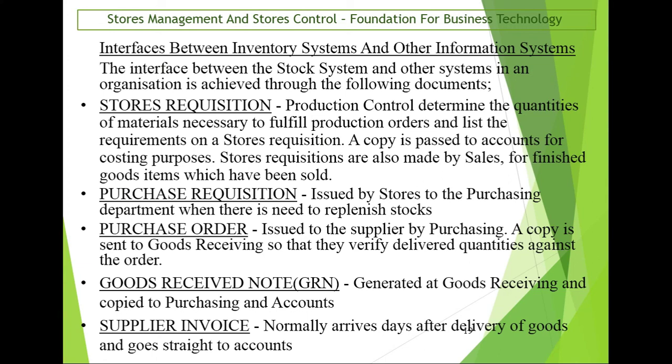When the supplier wants to communicate to us that we need to pay for the stock, they produce the supplier invoice. So the supplier invoice is a formal communication media from the supplier to tell us that we owe money for the stock that has been supplied.